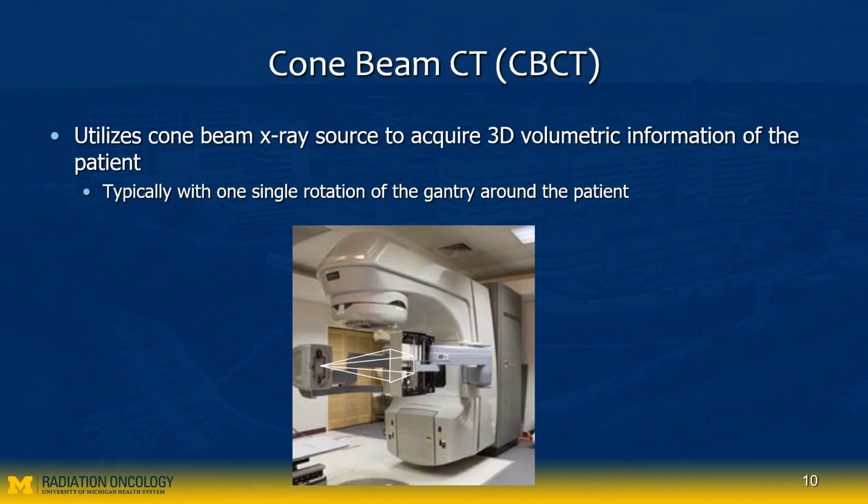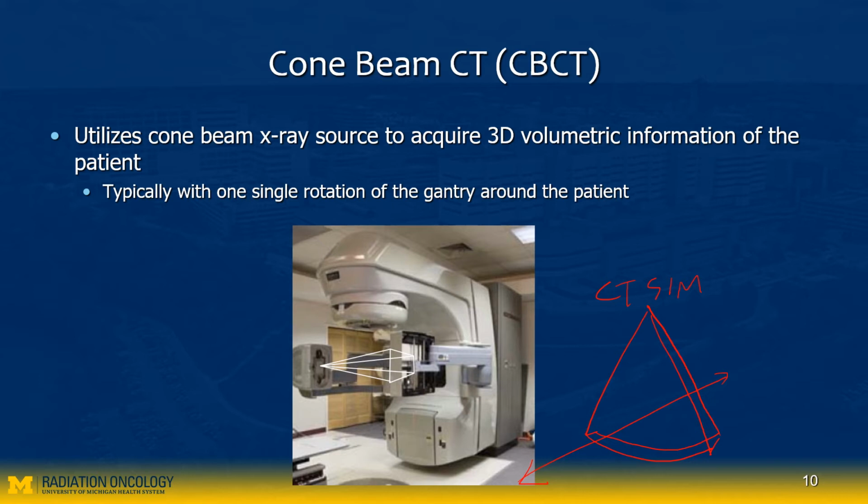As compared to our CT sim, if you still remember, the beam is a fan, right? So the X-ray comes from the source in a fan shape, and the thickness is a lot thinner. That's why the couch has to move in and out of this fan beam.